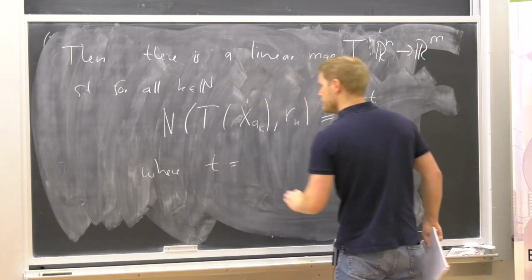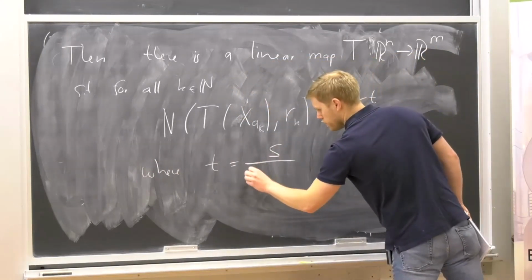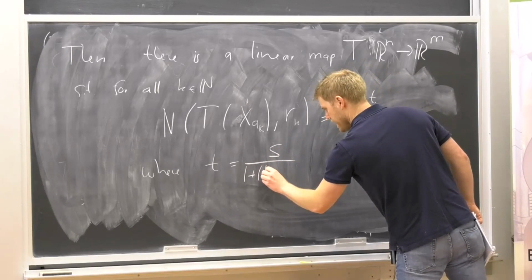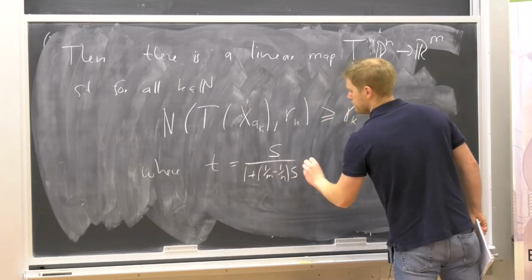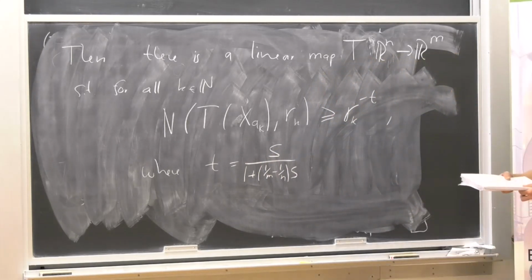That is, t is s divided by 1 plus (1/m minus 1/n) s. So this is the uniform version of this projection lemma.